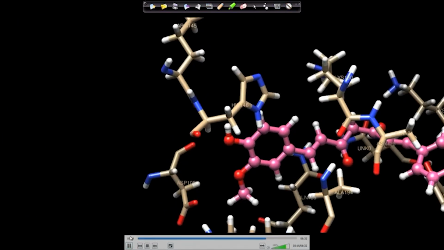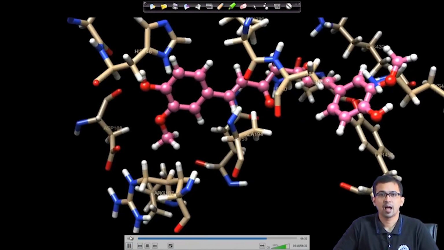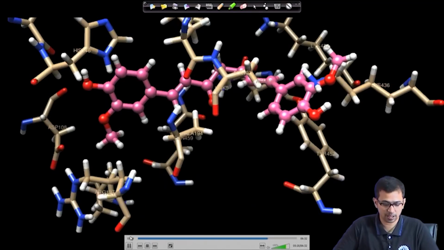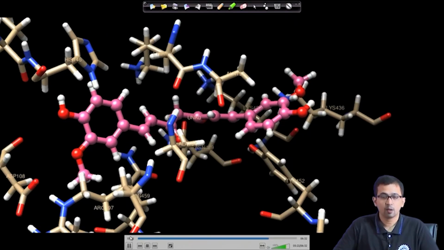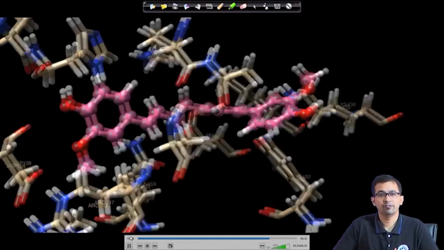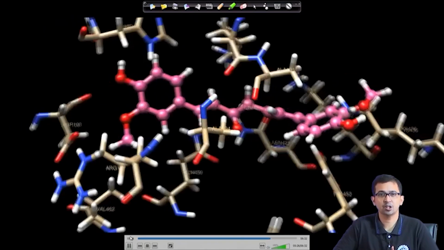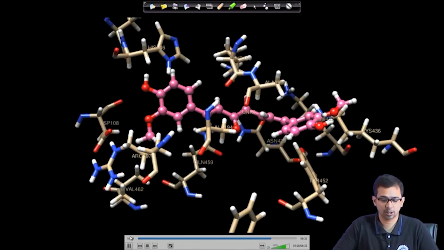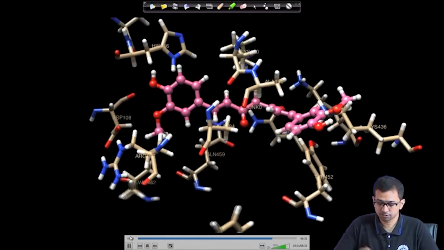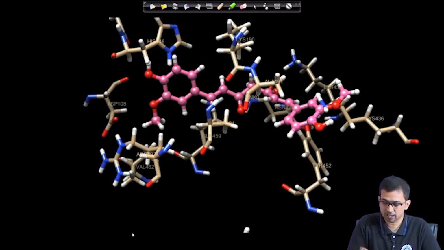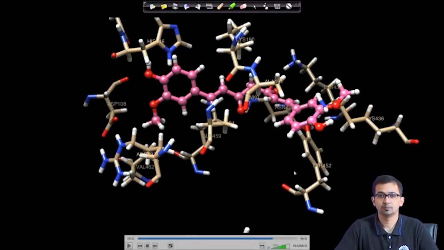Now let us go through this structure, and if we see the residues around it, we can say that there are hydrophilic as well as hydrophobic interactions, which stabilize curcumin at this point. Similarly, there is another tyrosine residue here.